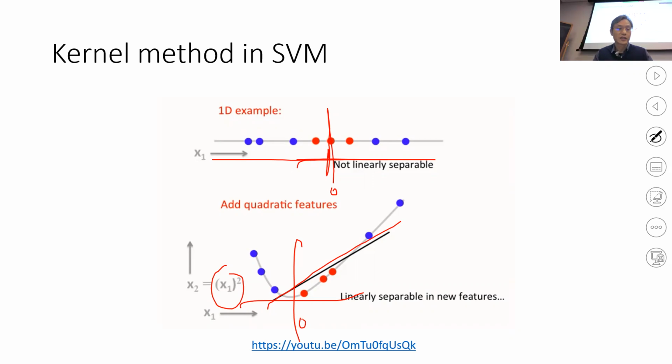Then you have new data coming in, you deal with it in the same way, and the trained classifier will be able to separate them. So that's the idea about the kernel method: do this feature expansion and plug it into the SVM. Now everything we play with is SVM in the feature mapping space, the higher dimension space.